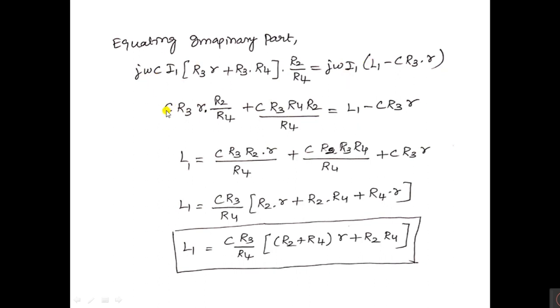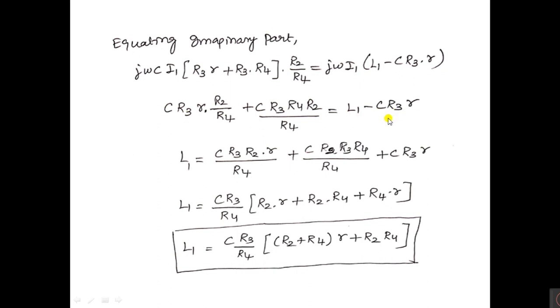So C R3 R into R2 divided by R4 by multiplying this inside of this expression. Right? So here C is available. C R3 R into R2 divided by R4 plus, here C already exists, C R3 R4 into R2 divided by R4. Here the balance terms available are L1 minus C R3 r.